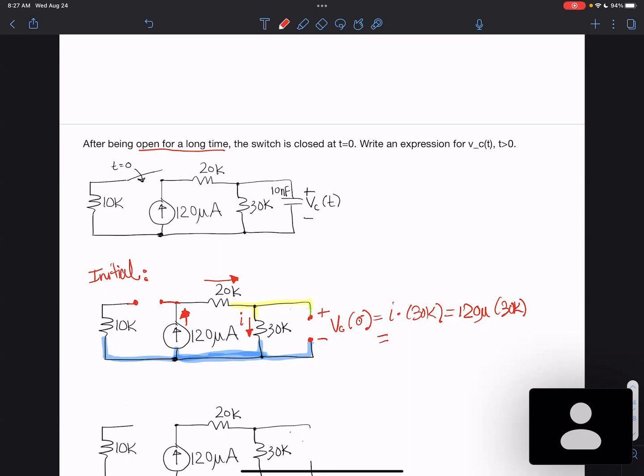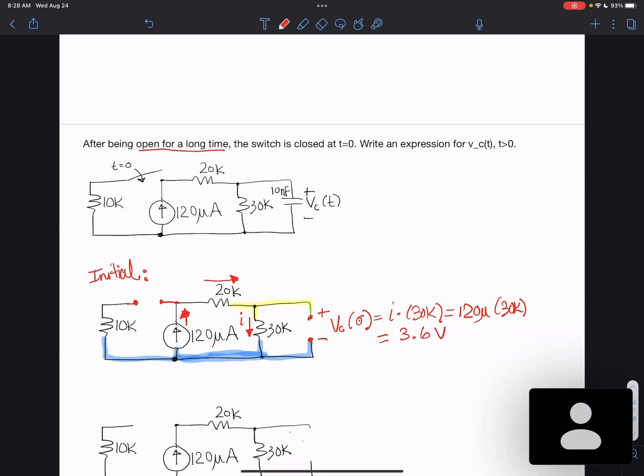Which, wherever that is. Do you have it? I have the right one up. So what is it? 3.6 volts.